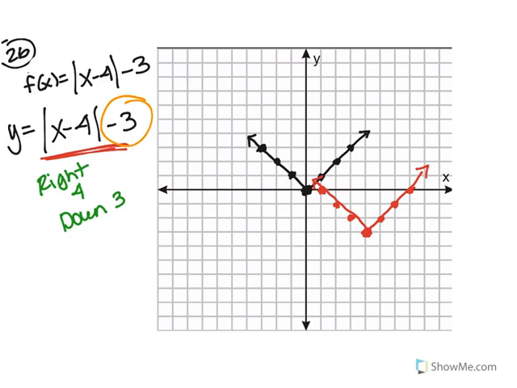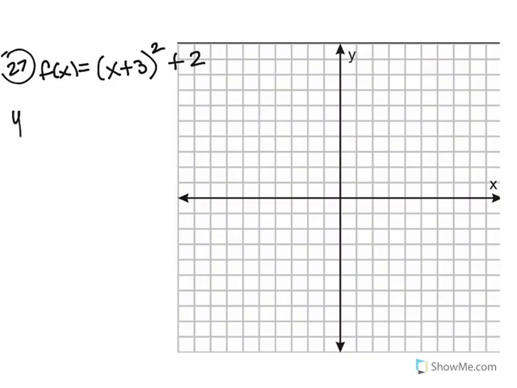And then on 27, you have f of x equals x plus 3 squared plus 2. Okay, and again, you know that just means y.